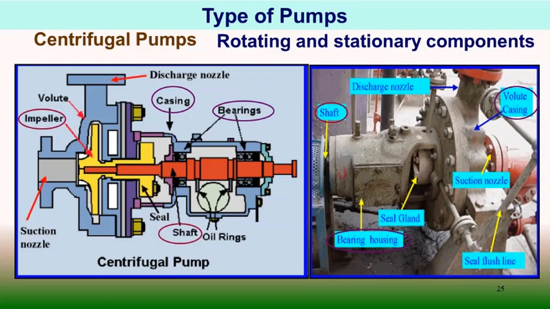Suction is taking place axially and discharge is radially, where there is a radial flow arrangement. There is a shaft balancing arrangement by some thrust collar, and there is also an arrangement to prevent any leakage from the bearing side. That's why oil rings are there. Through these oil rings and support arrangement, we prevent any leakage of lubricating oil.